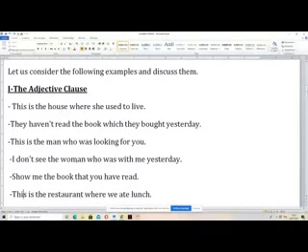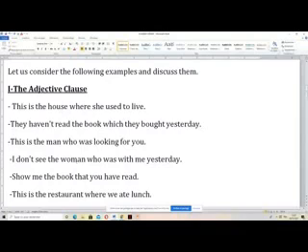Yes, good. So you should precise the limits of the adjective clause. This is the house where she used to live. Where she used to live is an adjective clause. So under type, you would write adjective clause. Under the function, what would you write?